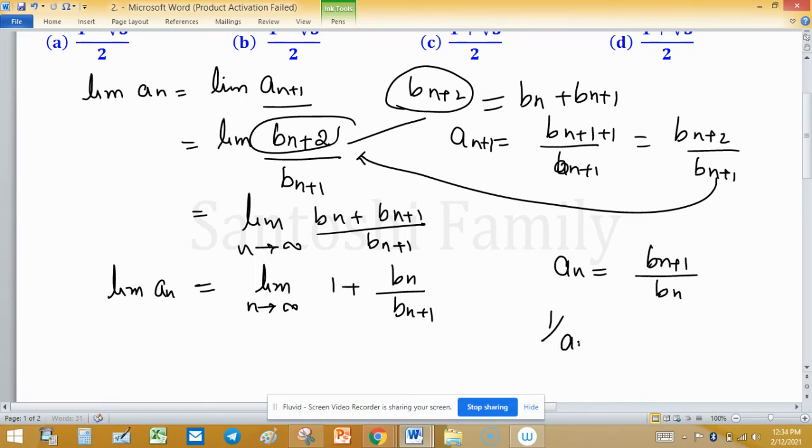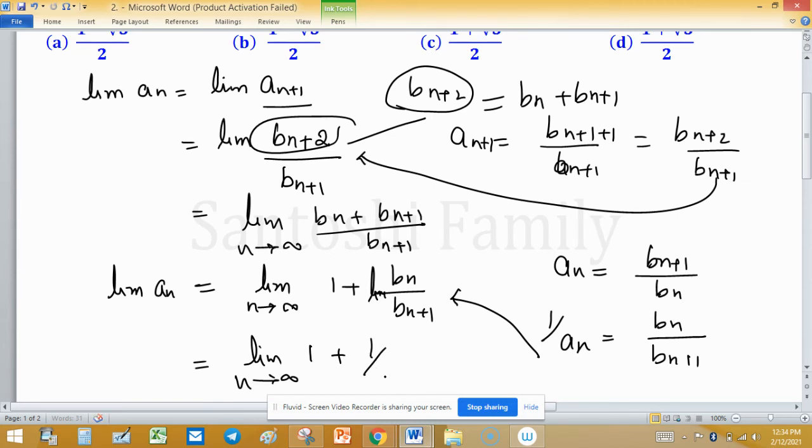So 1 upon a_n will be b_n divided by b_(n+1). Use it here, so I can use the limit here also: the limit as n tends to infinity of 1 plus 1 upon a_n, or you can take the limit outside.